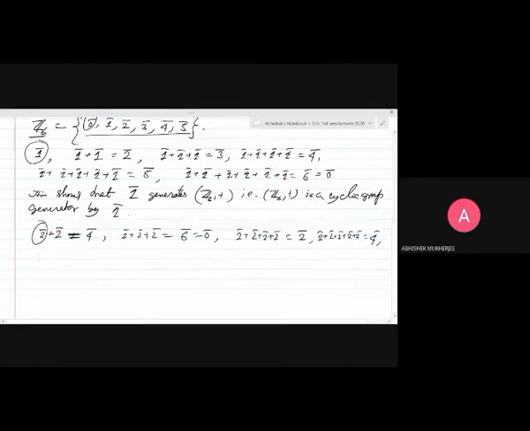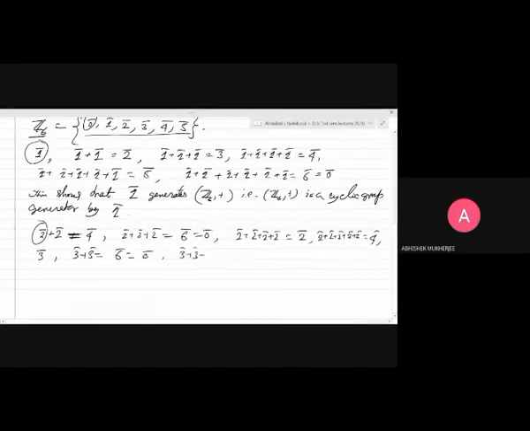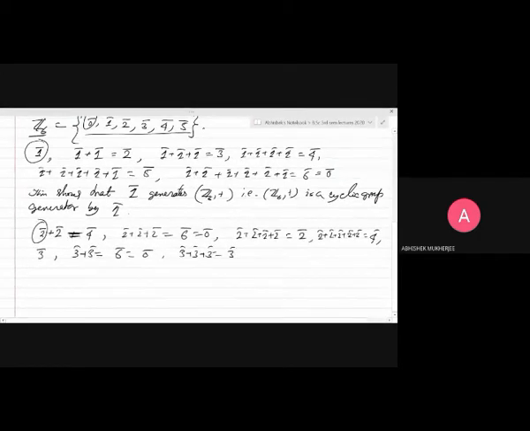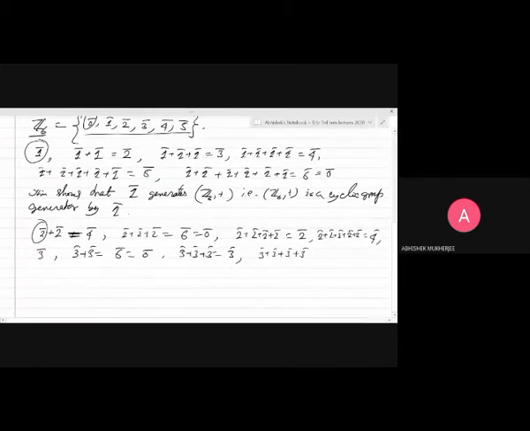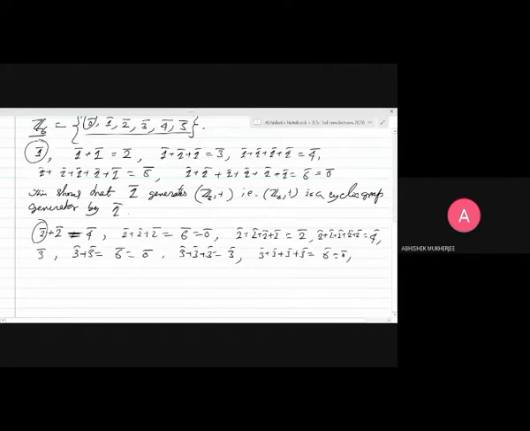What about 3 class? 3 plus 3 is 6 class, so it is 0 class. If you add again, it gives you 3 class, add one more, again 6 class, which is 0 class. So it doesn't generate the group, because it gives you only two elements, 0 class and 3 class.